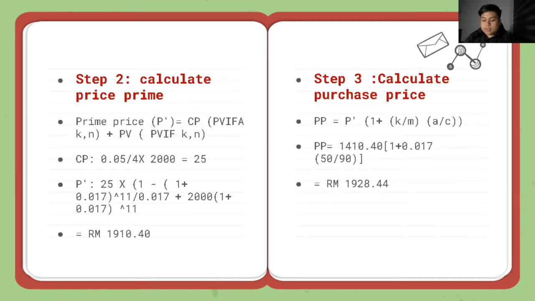As shown, this is the formula to find the prime price. Firstly, we must know how to find CP, which is the coupon payment, which we're going to get 25.